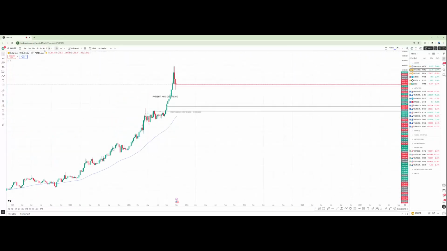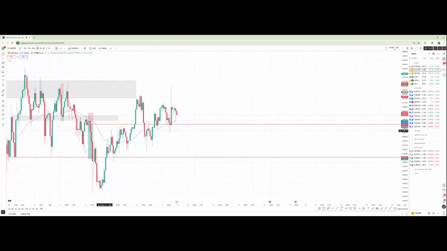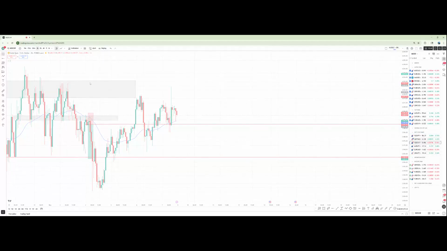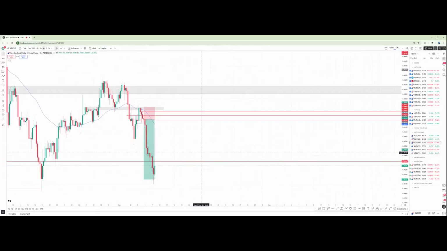Last week we only took two trades, which is gold, where we secured 3%, and I believe, let me see if I could spot the one that we took. Yes, last week, NZD CHF, this pair was dominating, so we secured around 3% as well.